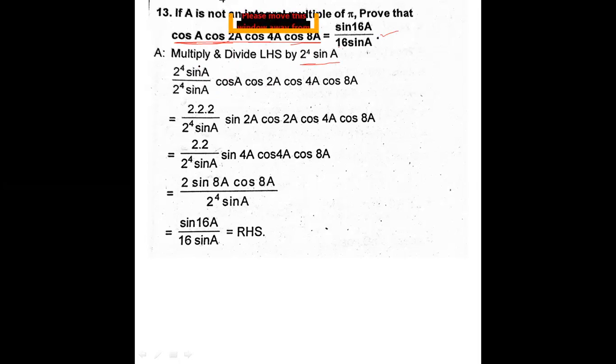So now, if we open this and take one 2 to this side, these two will become sin A, 2 sin A cos A. So what is the formula? 2 sin A cos A is equal to sin 2 theta.